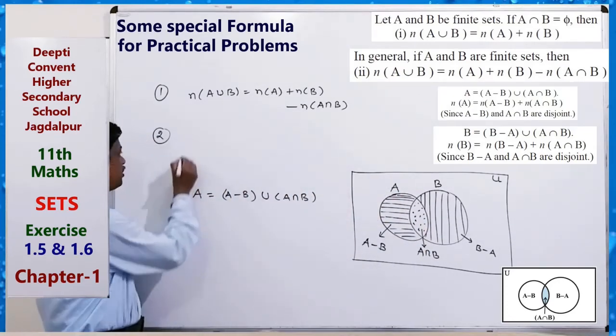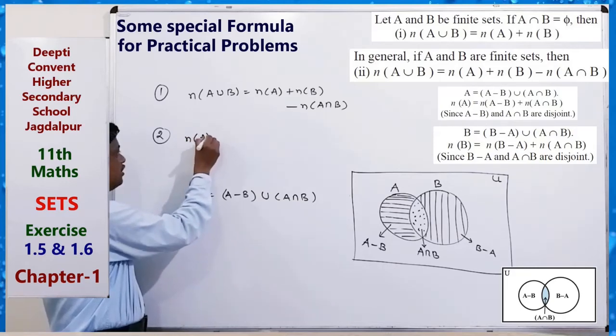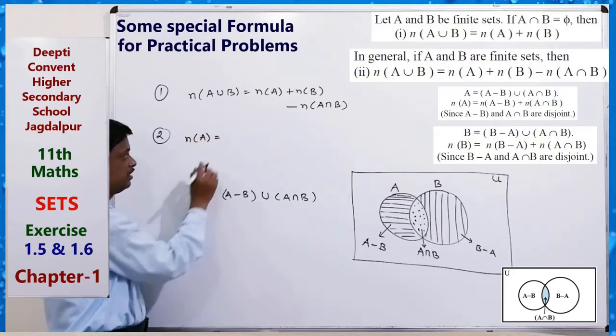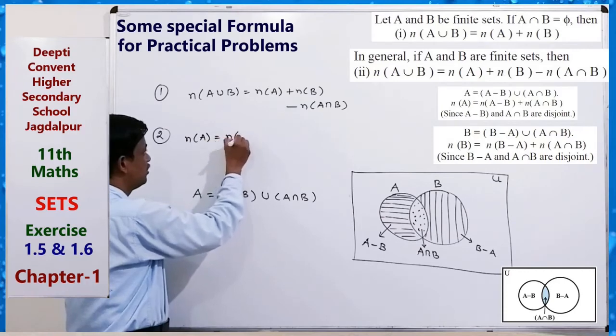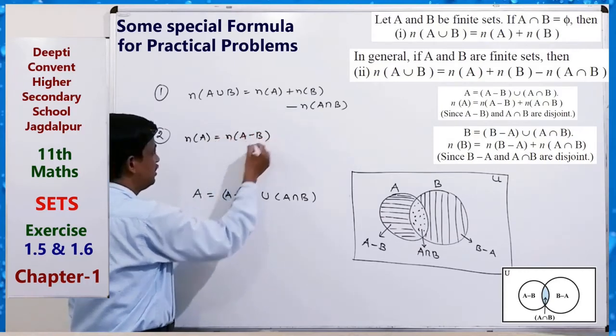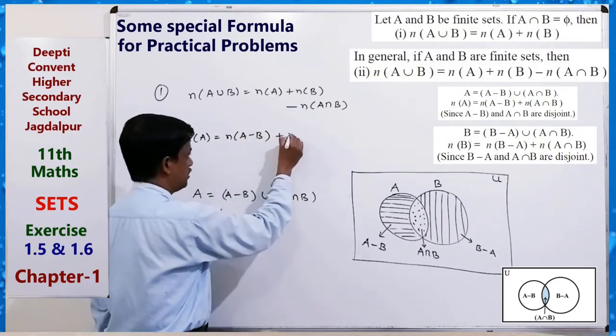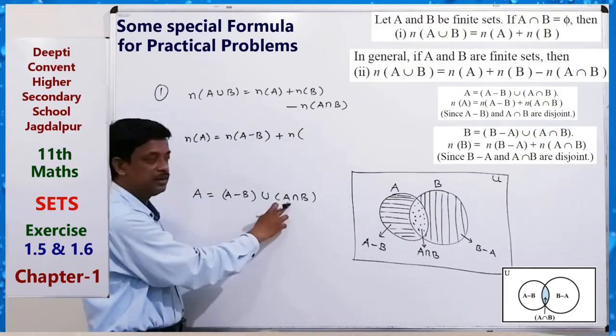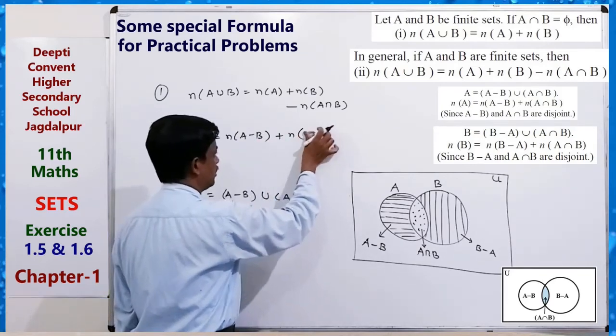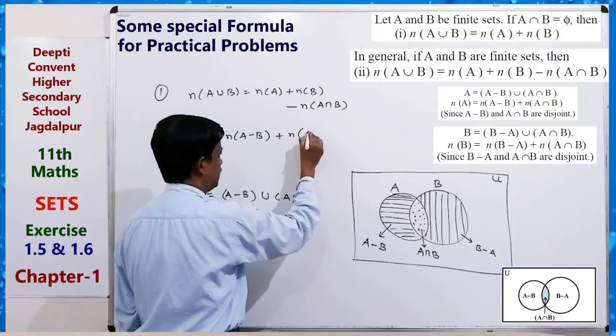That is, the number of elements in A equals the number of elements in A minus B plus the number of elements in A intersection B.